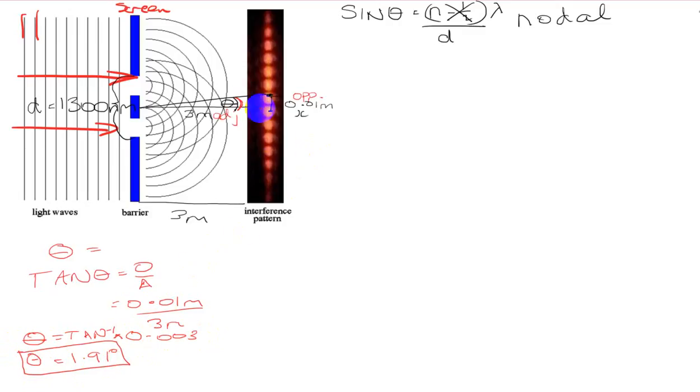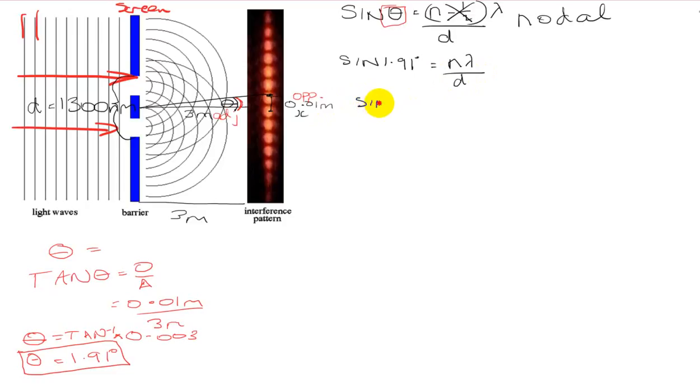Now that's important, that number there. That's the angle up in here, and it's also this angle here. So we're now going to say, well, the sine of theta, in this case theta is 1.91 degrees, is equal to n wavelength over d.